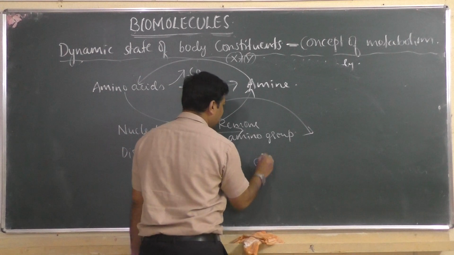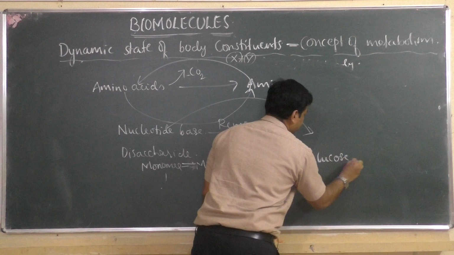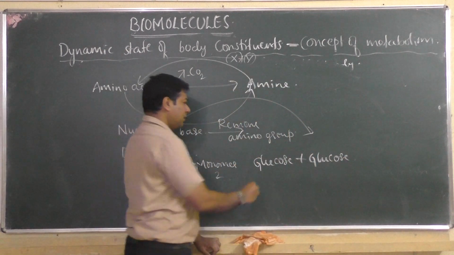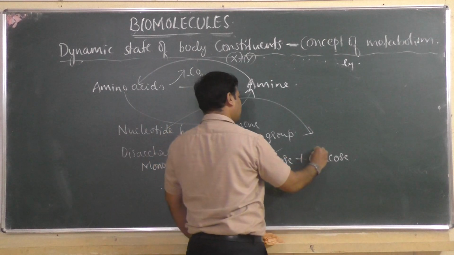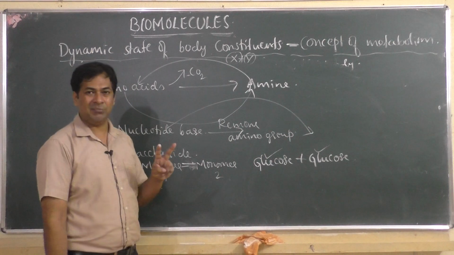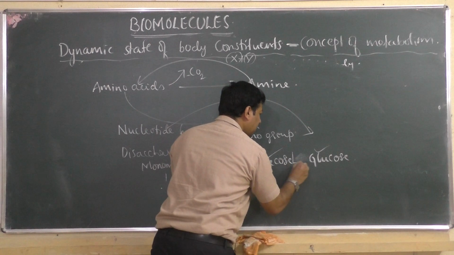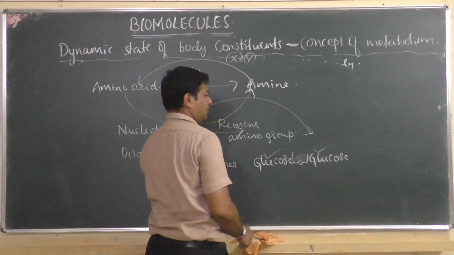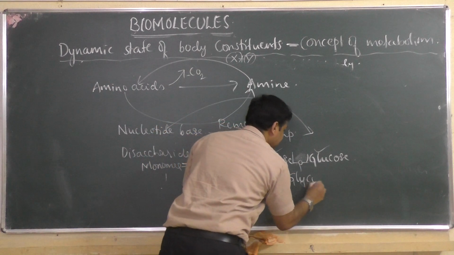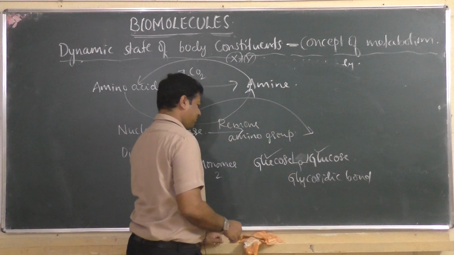For example, you take glucose and glucose. Glucose is one sugar unit, and one more glucose is the second sugar unit. When two join, it becomes a disaccharide. Di means two sugar units. Then the two glucose are bound by a bond. What is that bond called? That bond is called a glycosidic bond. Already you know this, in the last class you have learned.